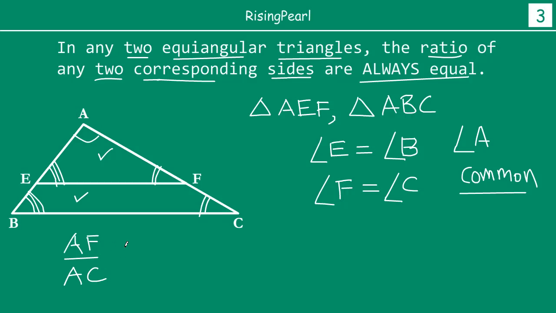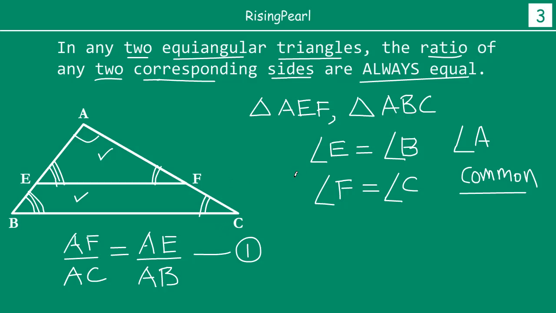Similarly this is equal to AE by AB. Why AE? I am now looking at angle F. The side opposite to angle F is AE in the small triangle. Angle F and angle C are equal, so in the big triangle the side opposite to angle C is AB. So this automatically follows. This is the definition of our basic proportionality theorem.